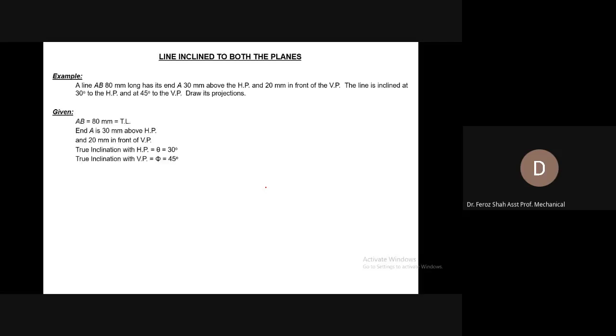Now to locate end A, as it is 30 millimeter above the HP, its front view would be 30 millimeter above the XY reference line. And as it is 20 millimeter in front of the vertical plane, its top view will be 20 millimeter below the XY reference line.